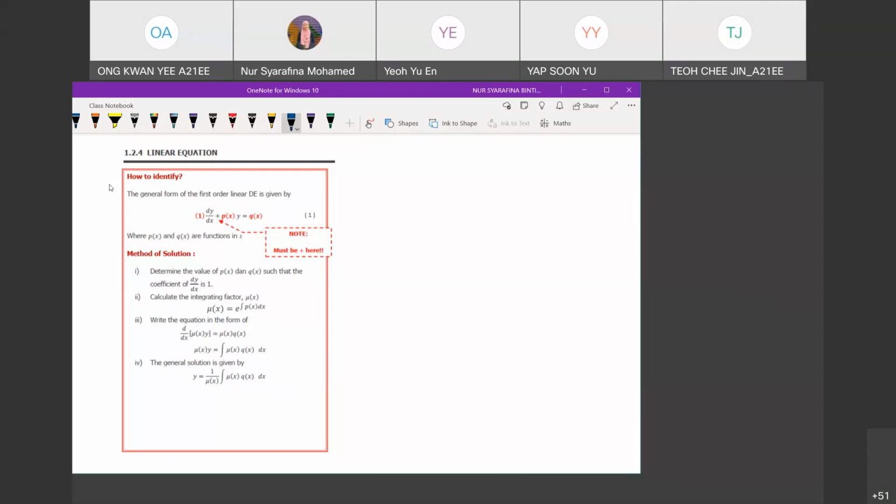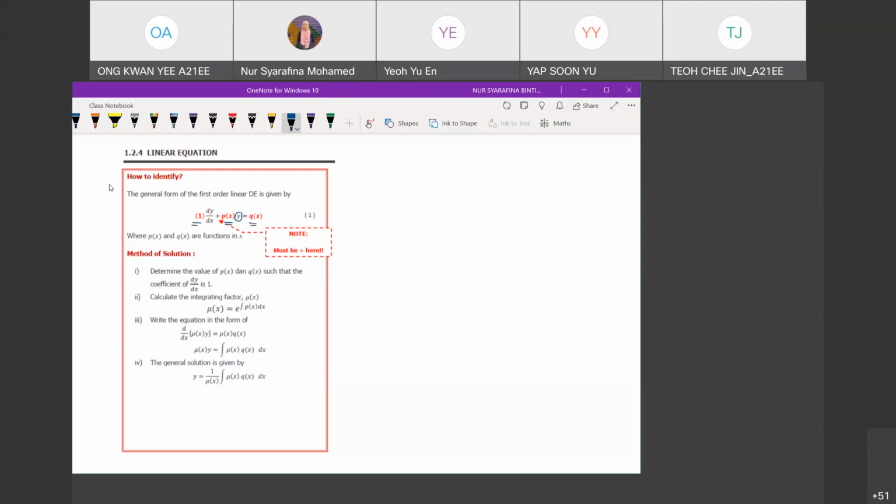Okay, so for this first order linear differential equation, it can be identified by looking at the general form here, where the coefficient of dy dx must be 1, and there is a function together with y equal to a function of x.